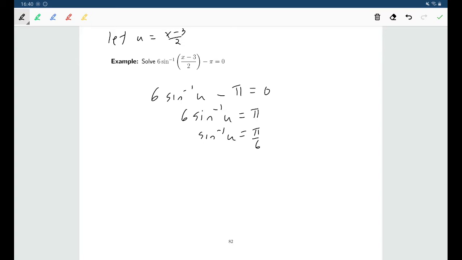And pi over 6 definitely is in that output of sine inverse. Sine inverse's range was from negative pi over 2 to positive pi over 2. Pi over 6 is in that range. So we can rewrite this and say, well, that means sine of pi over 6 is equal to u. And if we drew our special triangle, the 30, 60, 90 triangle, make that look a little bit nicer.